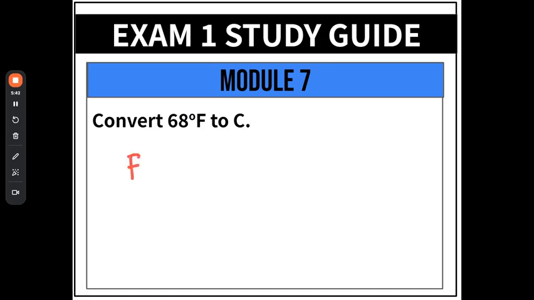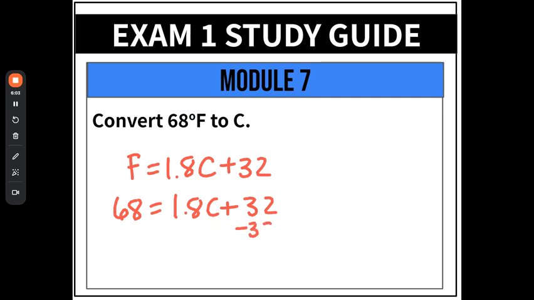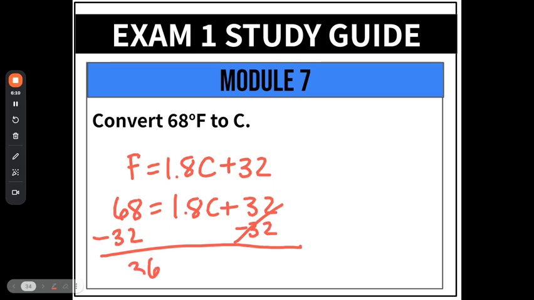F equals 1.8 C plus 32. So they gave us Fahrenheit, so we're going to put that in. 68 equals 1.8 C plus 32. We're going to isolate this variable by subtracting 32 from both sides. This cancels out. We get 36 equals 1.8 times C. I'm going to rewrite this up here.